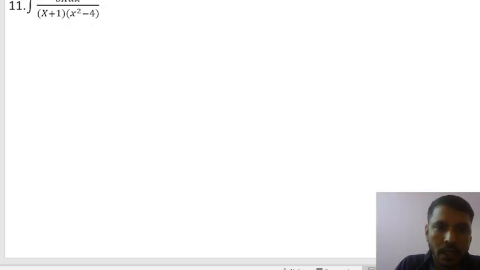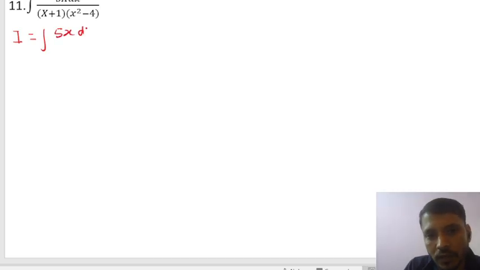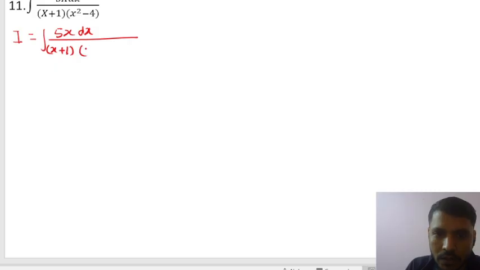So let I be equal to the integral of 5x dx by x plus 1 as it is, but x square minus 4 we can write as (x minus 2)(x plus 2), because here you can see it is a square minus b square. So we are just splitting it, applying the identities.